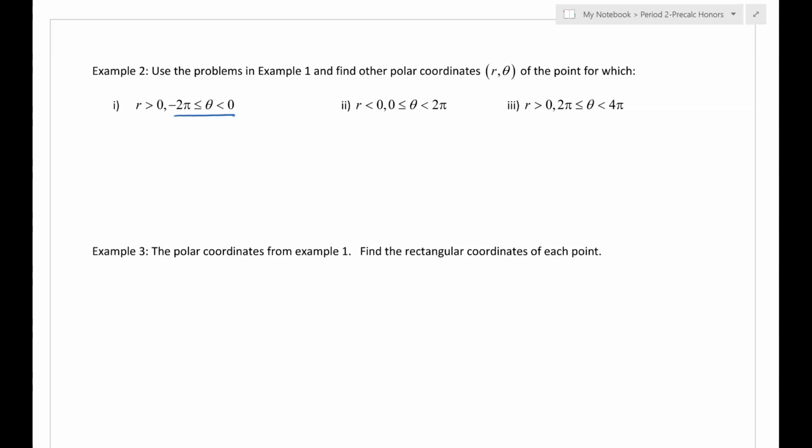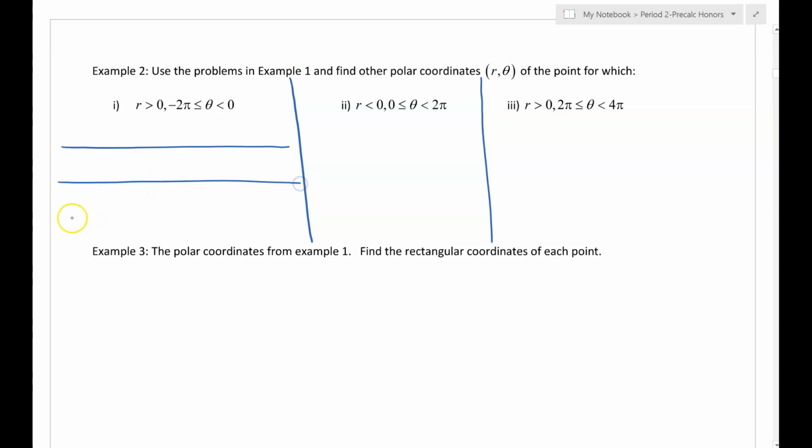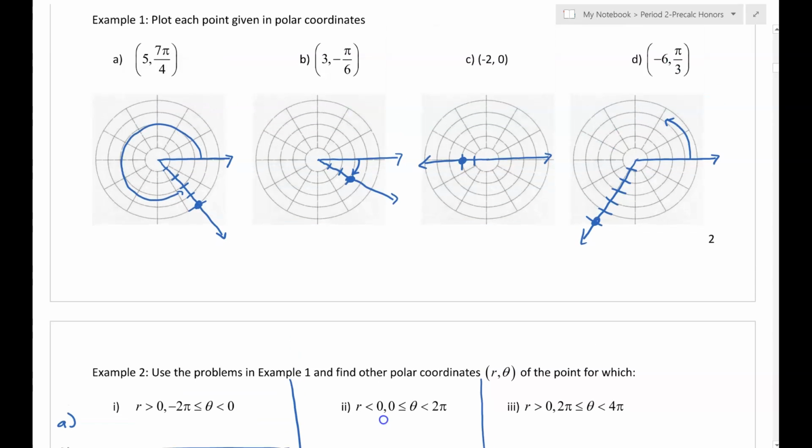As you know, example 1 had 4 parts, so why don't we make 4 little boxes? Separate these, because we have 4 parts in example 1 and I want to have room for all 4: A, B, C, and D. Let's find example 1A. The original was already a positive radius, so we got positive radius, check, and the angle was positive 7 pi over 4.